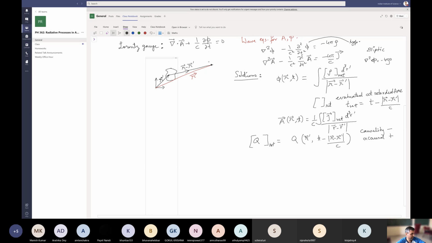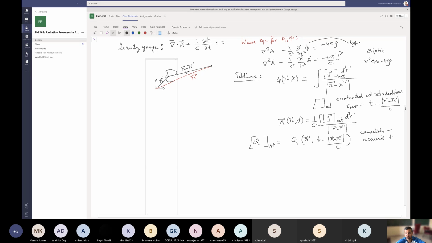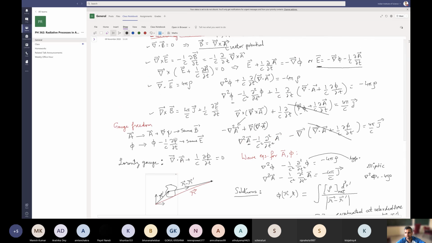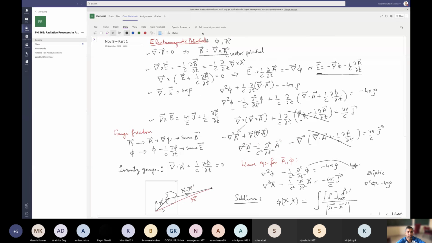Okay, so this is the formal way of finding phi and A, and once you have phi and A, you can use these expressions for calculating the fields. Dealing with potentials is much easier than dealing with fields, but once you have potentials, you can easily get your fields using these formulae.